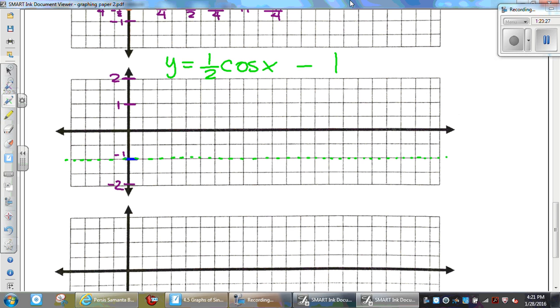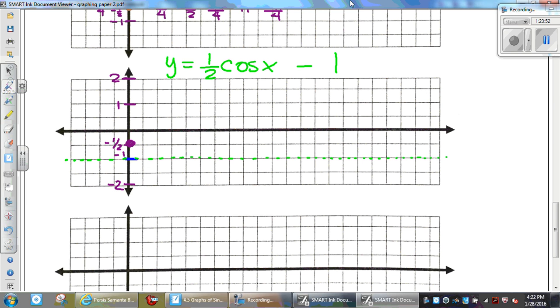Okay, now our cosine started with a point at 0 for x, and the maximum value was -1/2. So 0 and -1/2, that would be. The other maximum value, if you look at your notes, was at 2 pi.